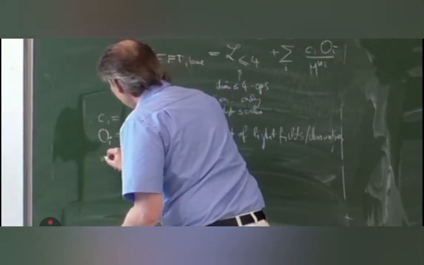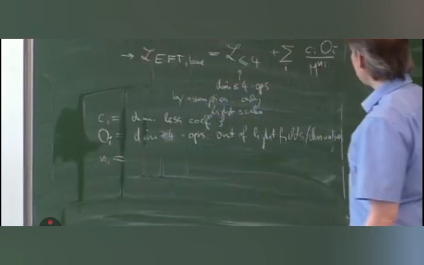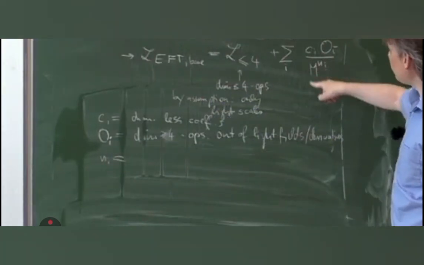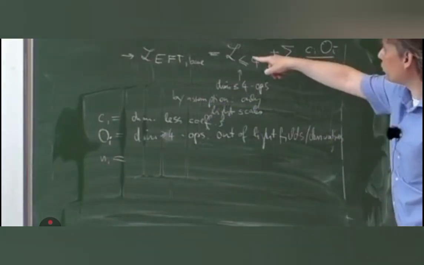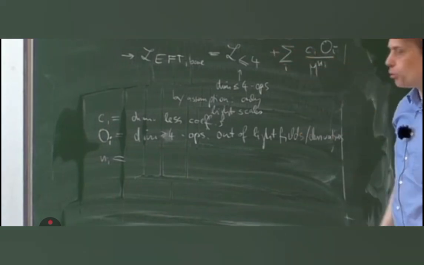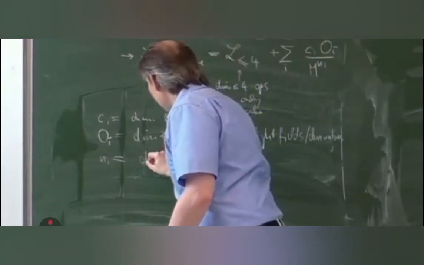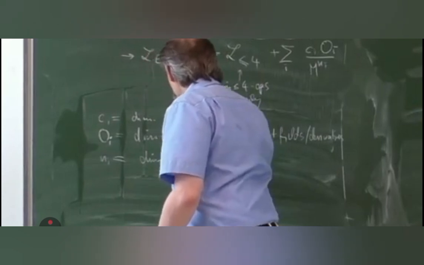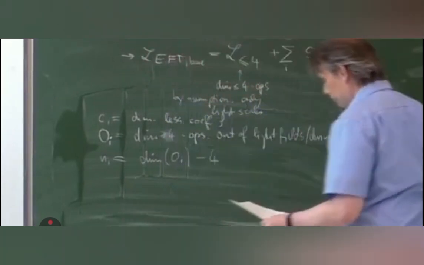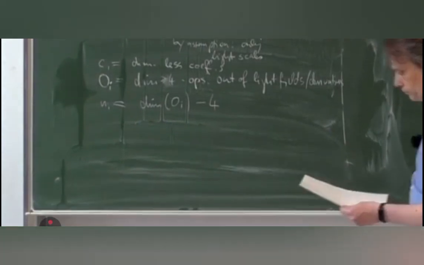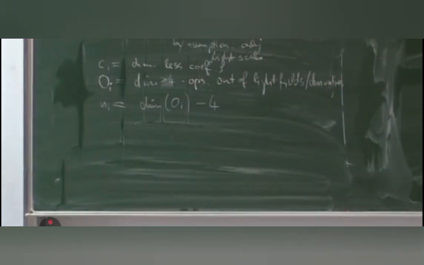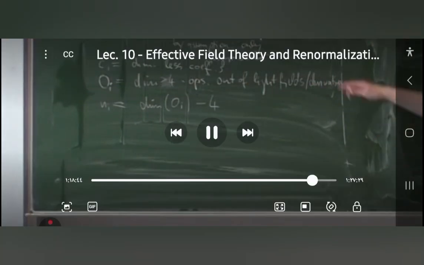And this power ni here is automatically the correct number of heavy masses in the denominator, which is necessary in order to make the Lagrangian dimension 4. Therefore, ni is given by the dimensionality of the operator Oi minus 4. And so for all these higher dimensional operators, we get a mass suppression. That is the point. And by the way, that is of course strictly bigger than 4.